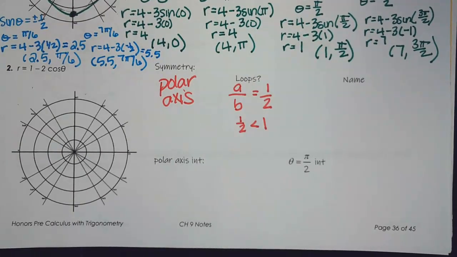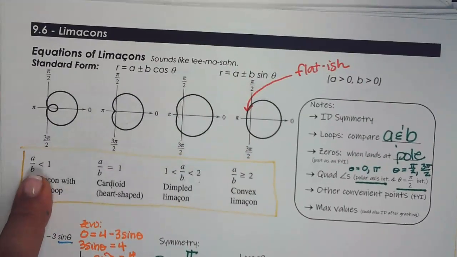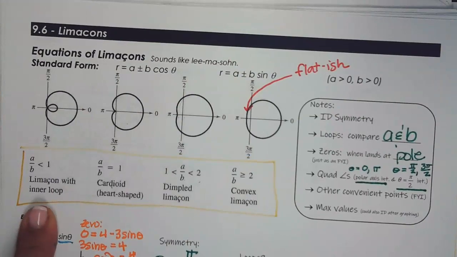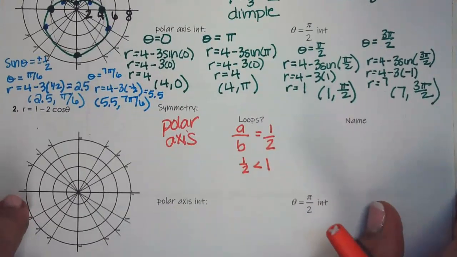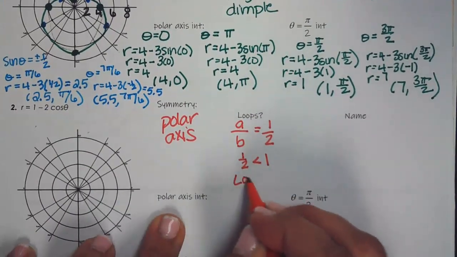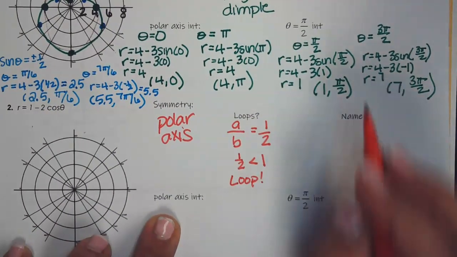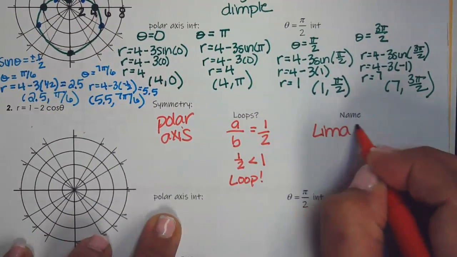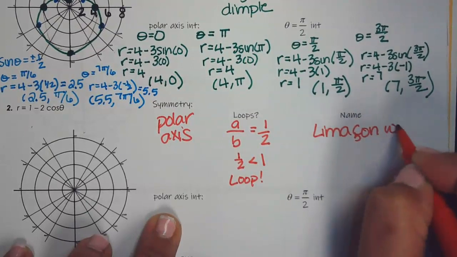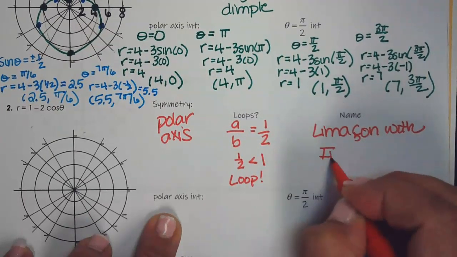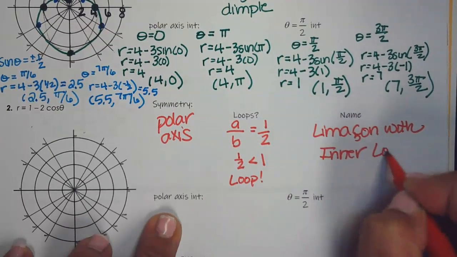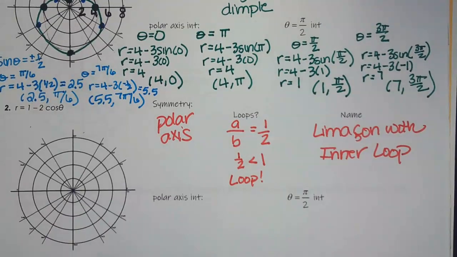And if we look back at our rules, when A over B is less than 1, that's a limacon with an inner loop. So this is going to have a loop, and that will be our name, limacon with an inner loop. So the type of limacon, when we want the name, don't just say limacon. Tell us what type that's going to be.